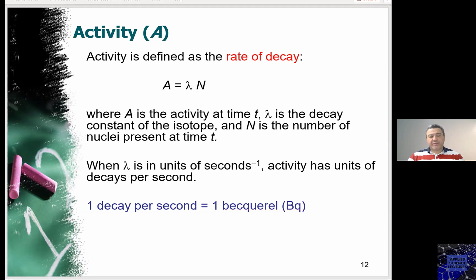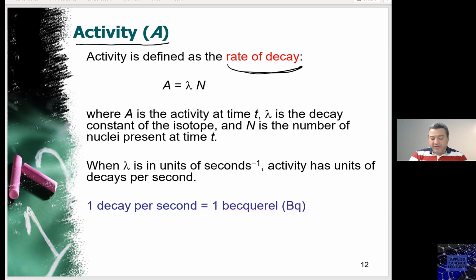Now we will define a new parameter that we call activity A. This activity A is also a function of time that defines the rate of the decay.